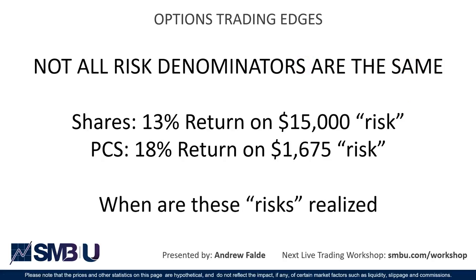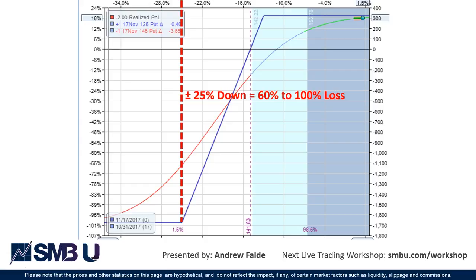And to find out how different they are, we have to ask, when are these risks realized? This 100% risk, so hitting all of your 1675 drawdown, so to take a max loss on this credit spread, is 25%, just about 25% below the entry point of the market.